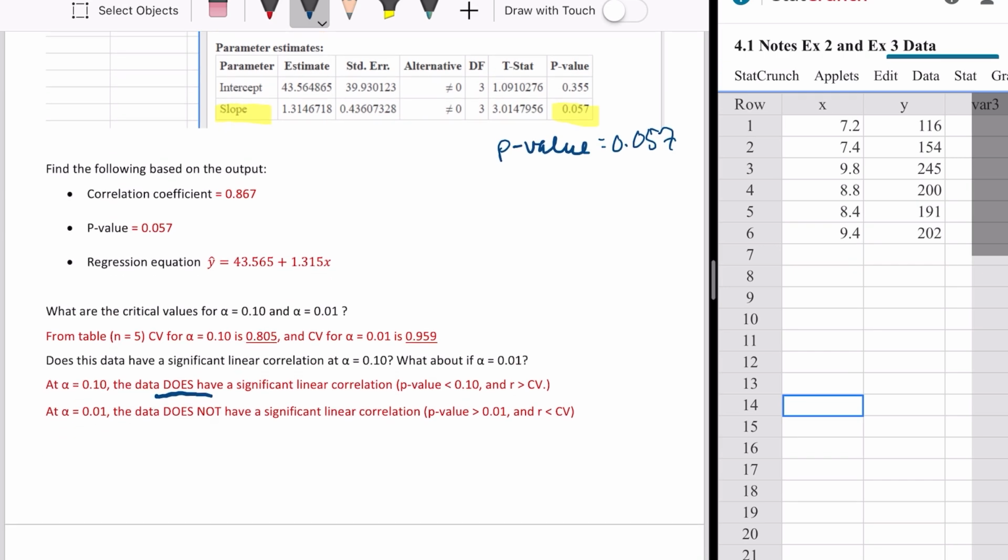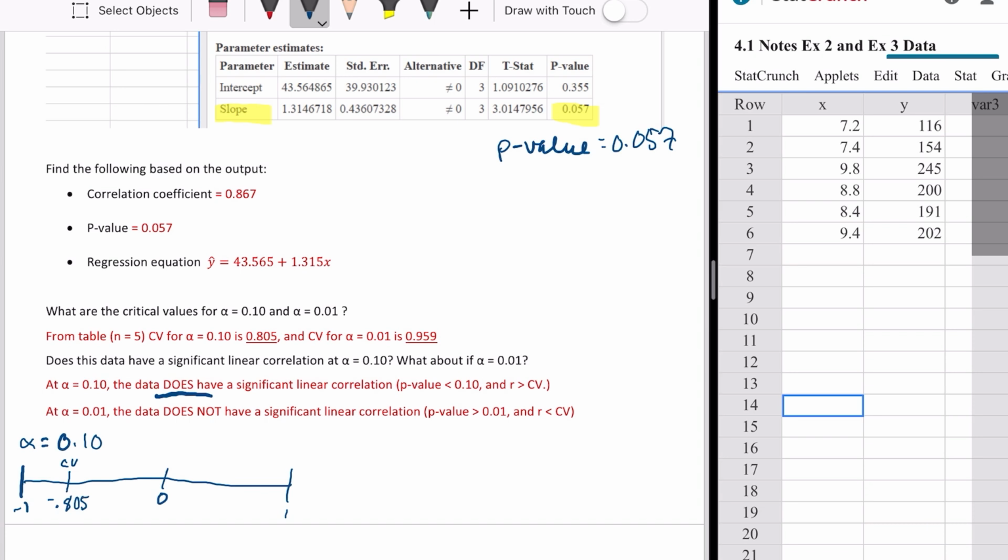For alpha equals 0.10, or a 10% significance level, zero's in the middle, -1 at one end, 1 at the other. All your R values are between those two. The critical value was... gosh, I hope you remember it.